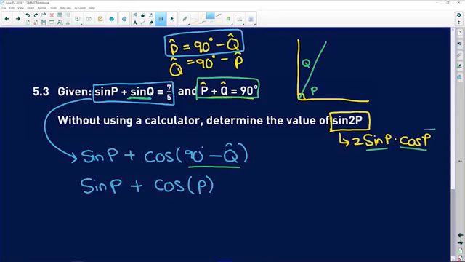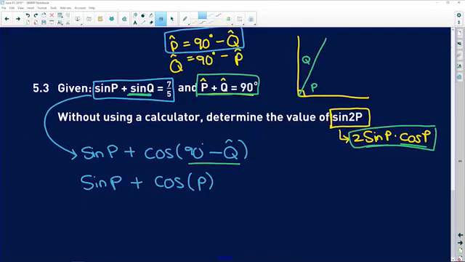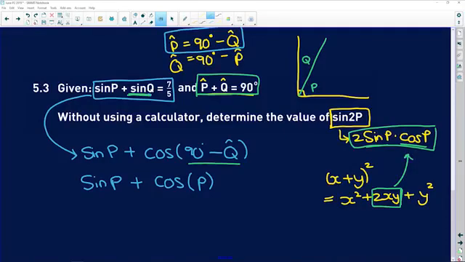But how do we get the product of twice of them? Well, if I say to you, expand x plus y squared, you're immediately going to give me x squared plus 2xy plus y squared. And doesn't this over here kind of look like this over there? It is 2 times the product of two numbers.